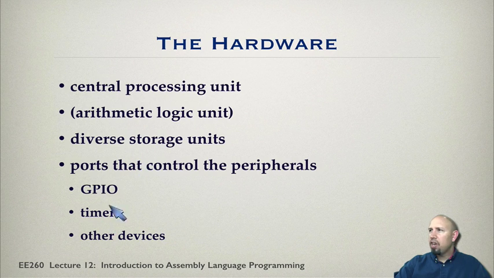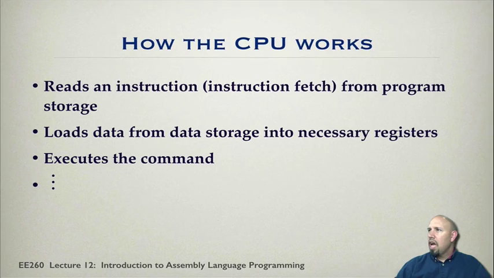So this is the hardware. We've already looked at a lot of this. So how the CPU works: basically, the CPU reads an instruction, which is called an instruction fetch, from program storage. Then it loads data from data storage into the necessary registers, executes a command, and continues on. Those are the kinds of things that happen.